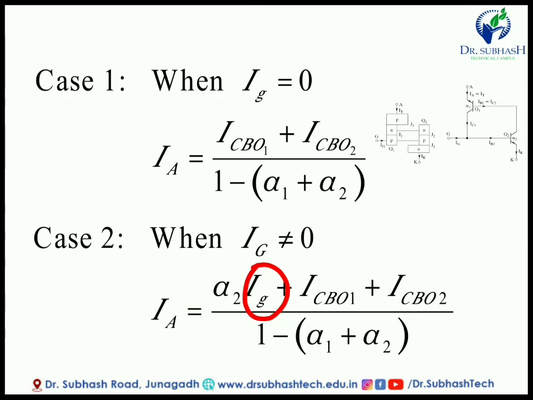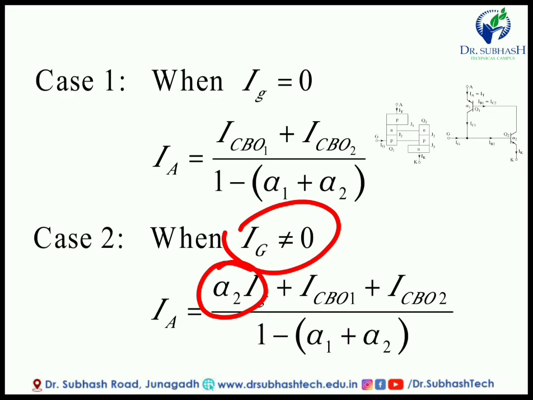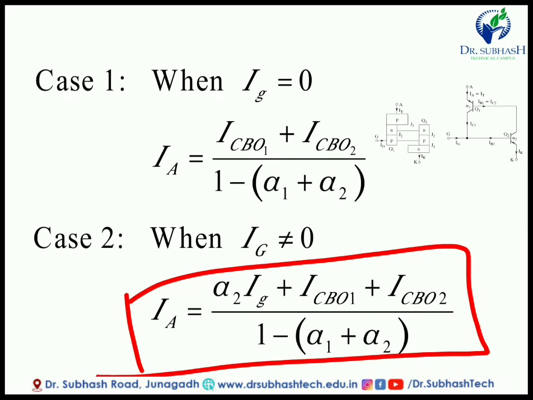In this equation, whenever IG is equal to 0 this term becomes 0, so we get the previous equation directly. But whenever IG is not equal to 0, we have to consider alpha 2 into IG. So the total equation is like this. This is the case 2 equation, where IG is not equal to 0. We have to understand these two equations from the equivalent circuit.